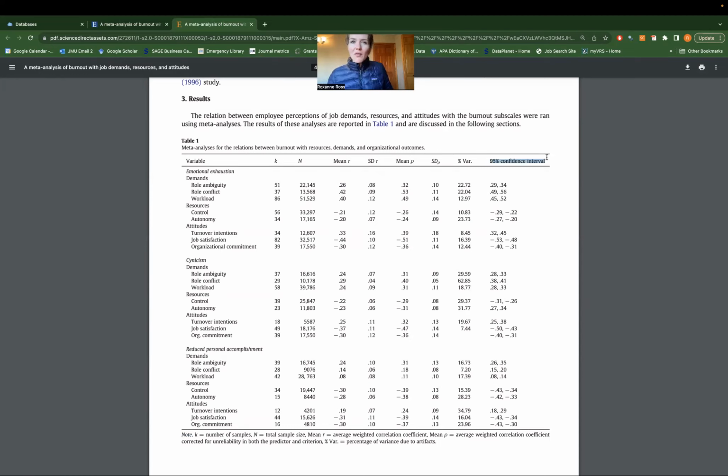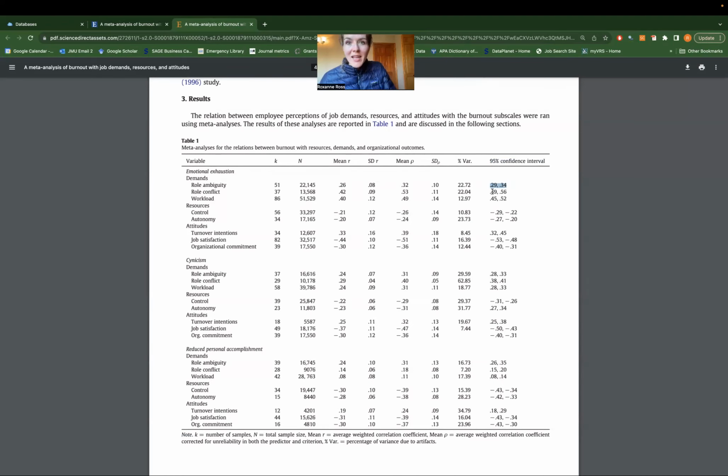So the confidence interval is the estimation, the lowest range for rho, the average correlation that's corrected for unreliability. It tells us the lowest value that we think it is and the highest value that we think it is within 95% likelihood.